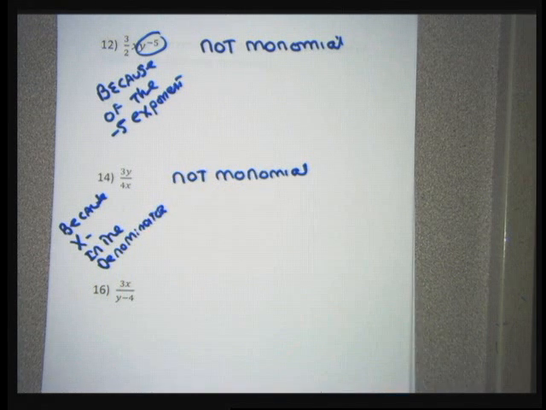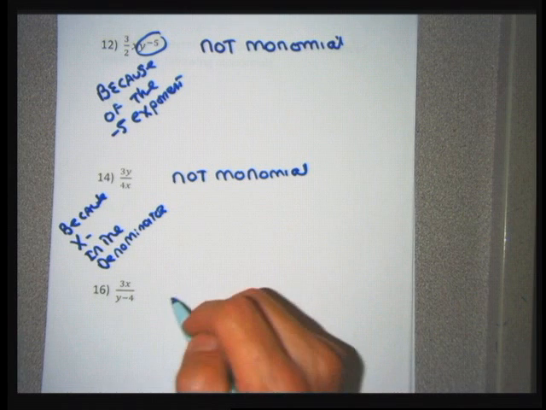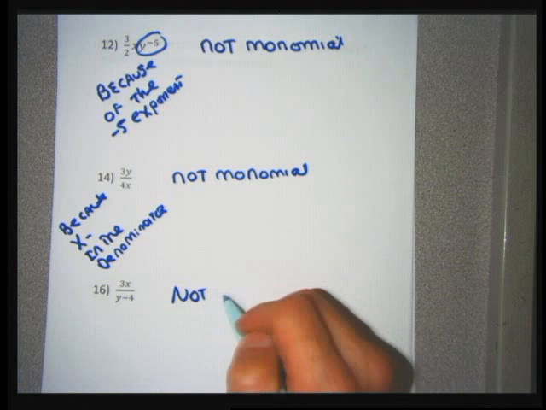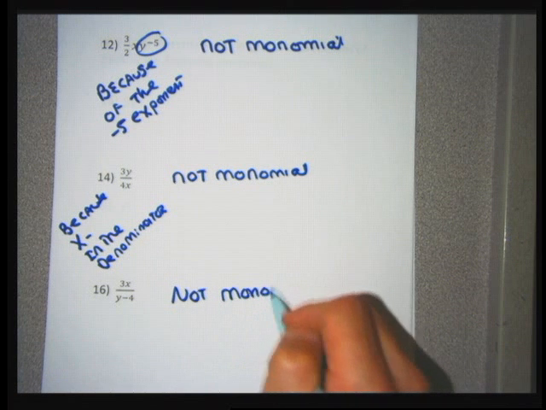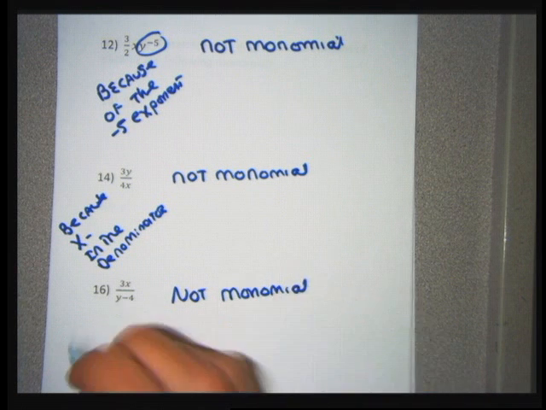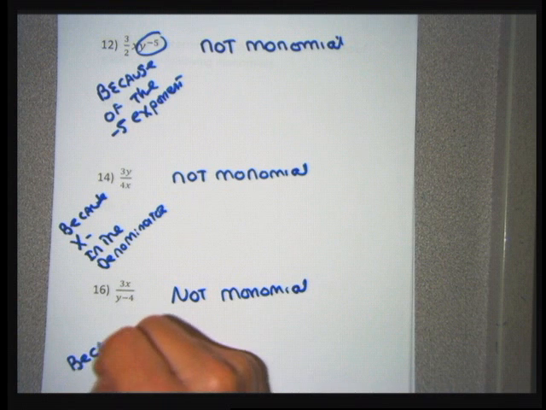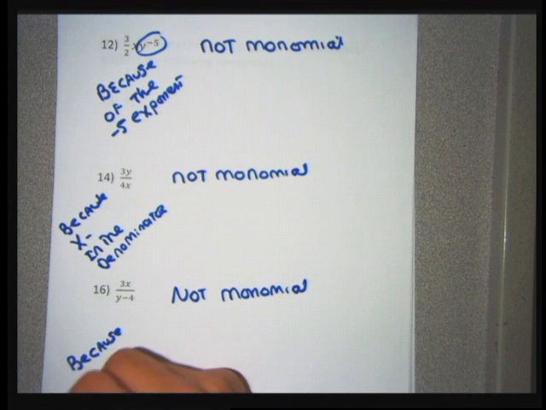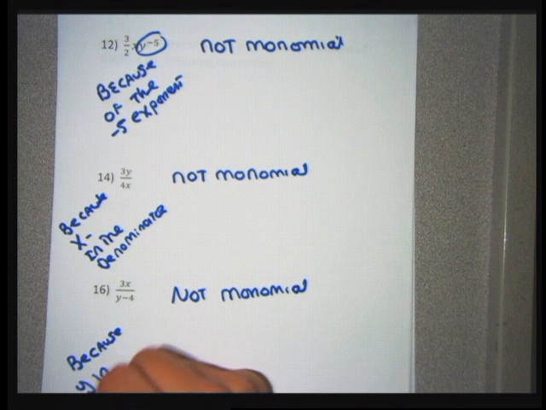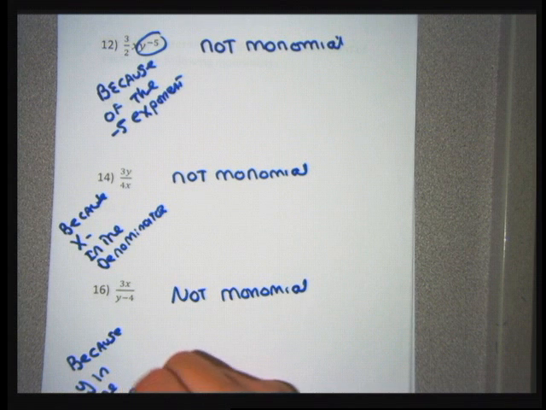And then the last one in this grouping, number 16, it's also not a monomial because of the y in the denominator. So they're reasonably easy to pick out whether something's a monomial or not.